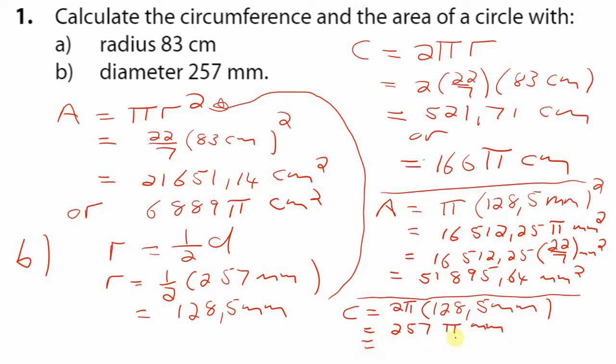And again, we can replace pi by 22/7, so we could say it's 257 times 22 divided by 7 if we are instructed to give an answer maybe to 2 decimal places. Then it would be 807.71 millimeter.